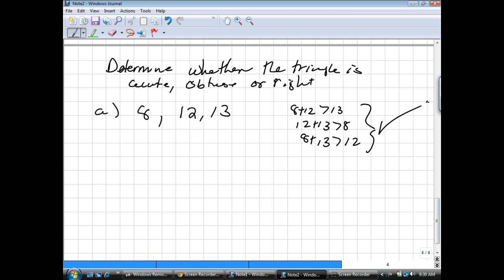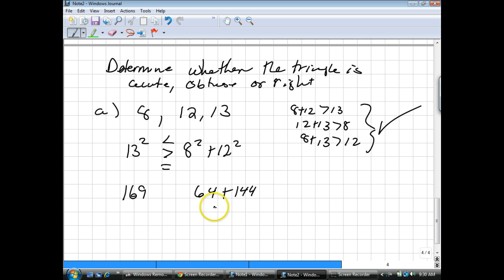Now we need to figure out what kind of triangle. So then we look for the longest side, which is 13, and we say, is 13 squared less than, greater than, or equal to 8 squared plus 12 squared? Well, 13 squared is 169, 8 squared is 64, 12 squared is 144.